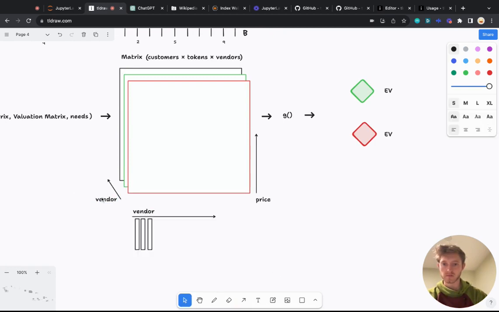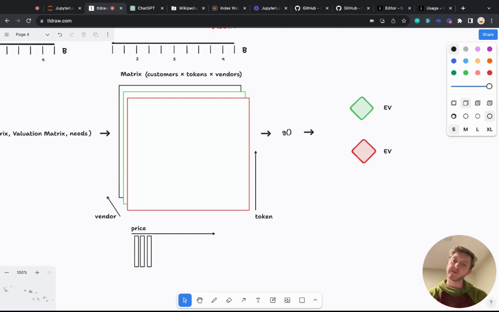So then what should this be? I think it should look like this.